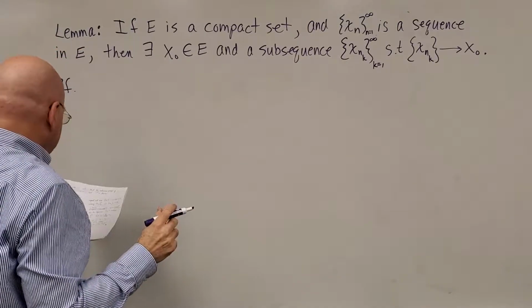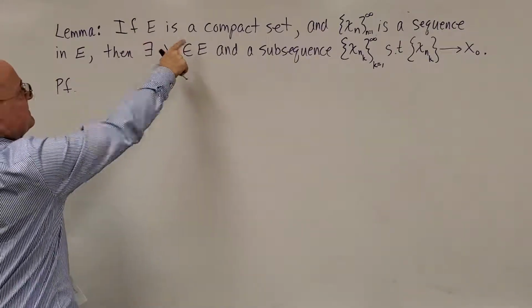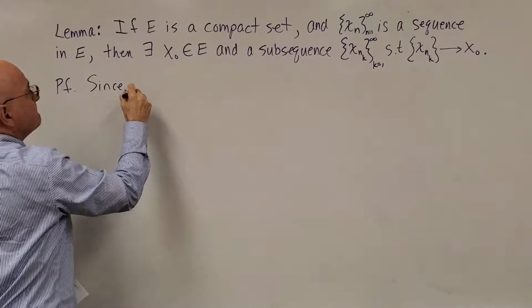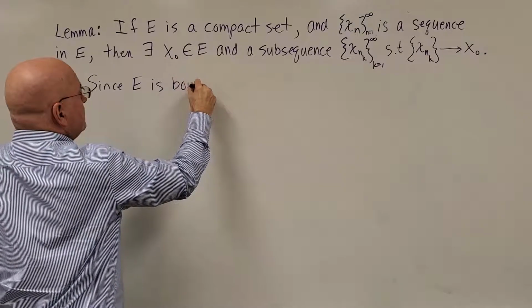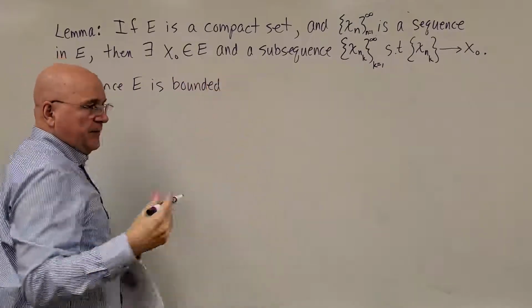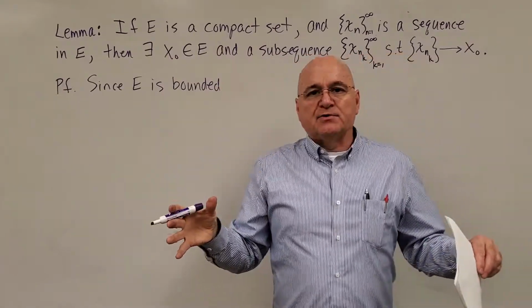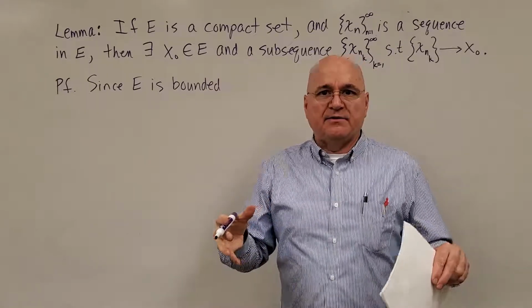Well, the first thing we want to observe is that since E is compact, it's also bounded, right? Remember from a little while ago, we defined for the real numbers in real analysis, a compact set just means it's closed and bounded.